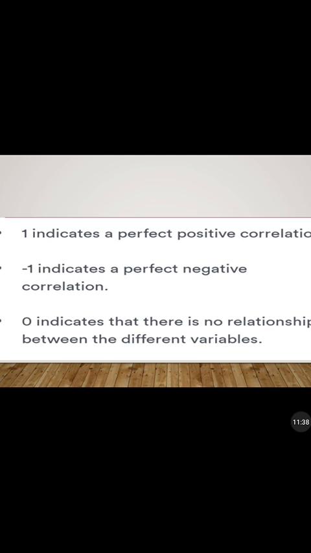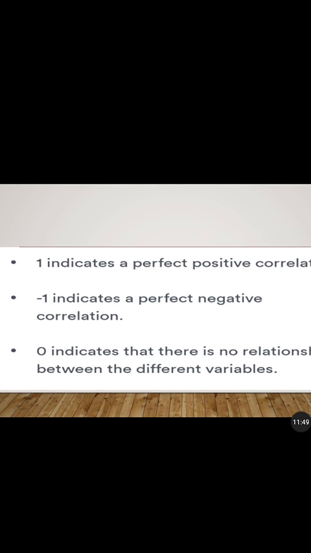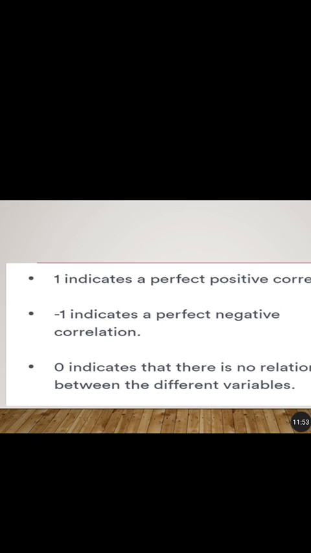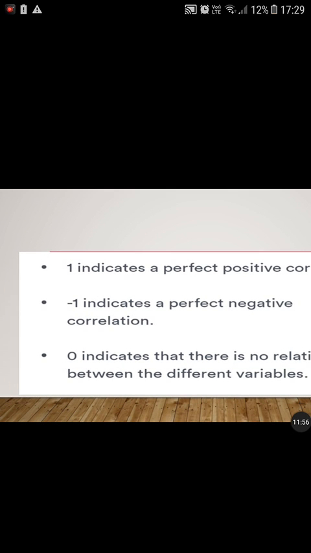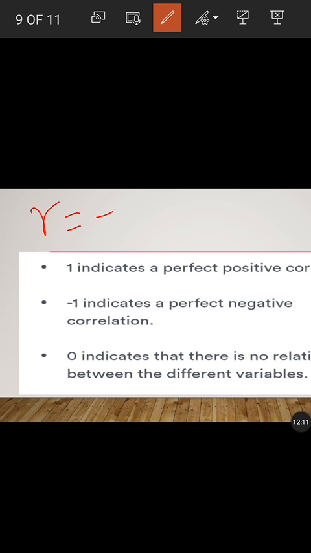Okay, when we get the answer, that is the symbol for correlation. It is denoted by the symbol r, small r. We don't use the big R, but we use the small r. So here, if we get the value of correlation as +1, then that is known as perfect positive correlation.